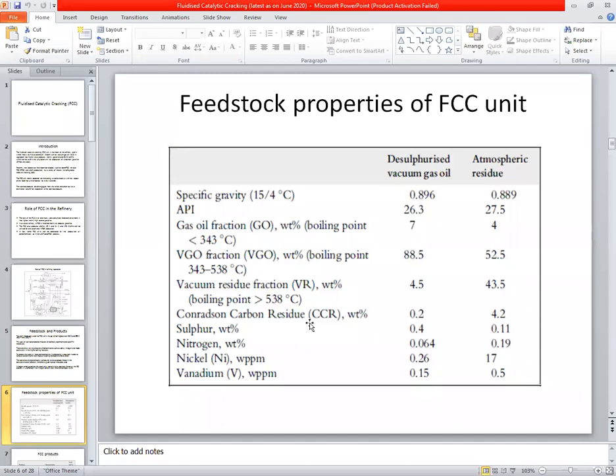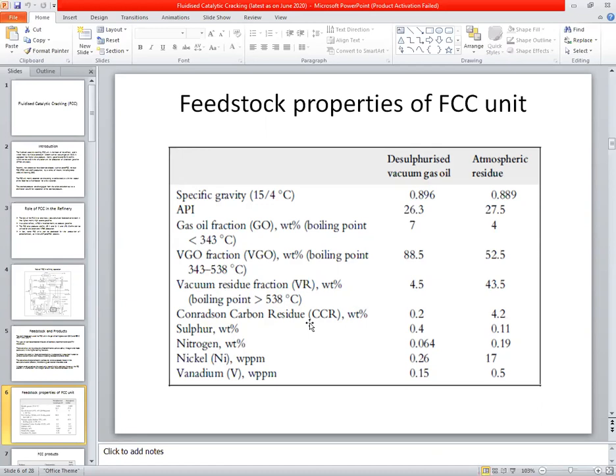CCR stands for Conradson carbon residue. By knowing the CCR value, we can understand the weight percentage at which that feedstock starts to form coke, petroleum coke.